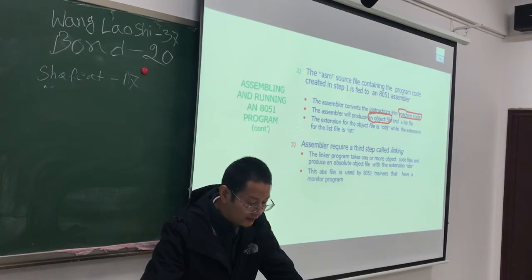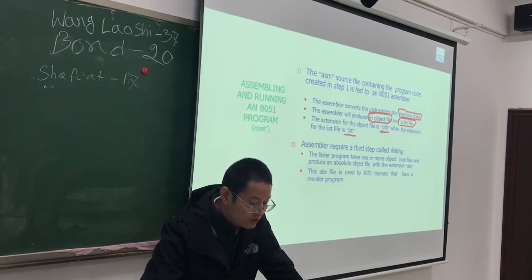The extension for the object file is OBJ, and for the list file is LST.